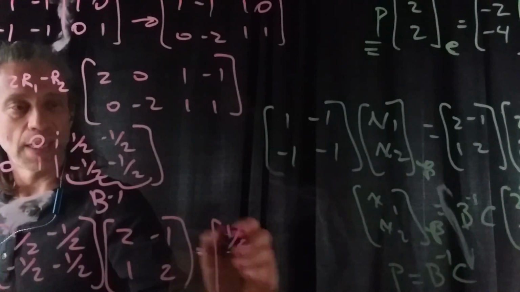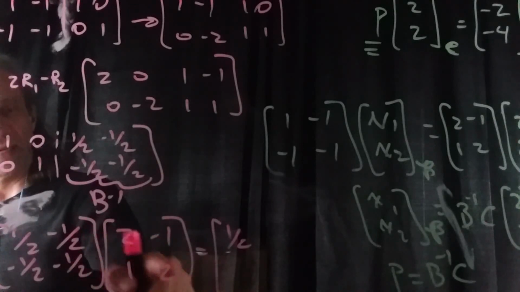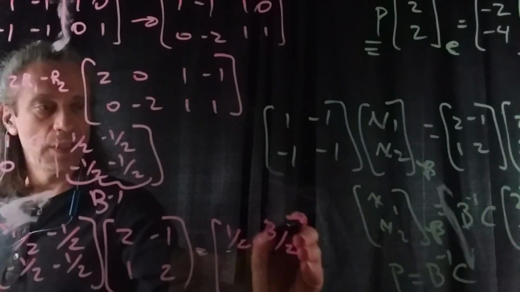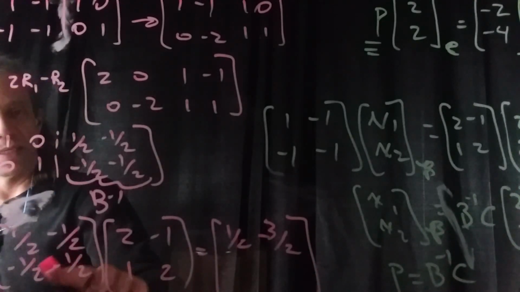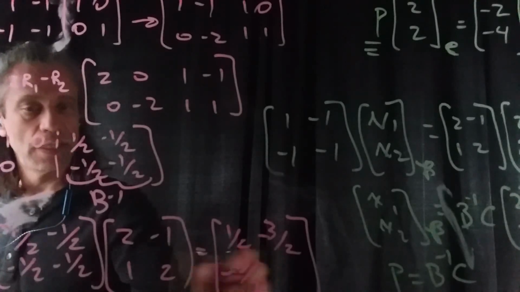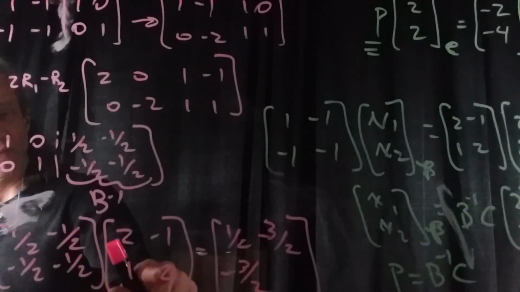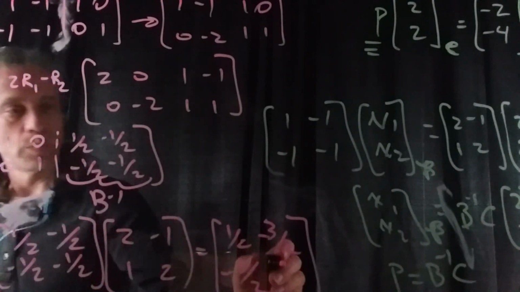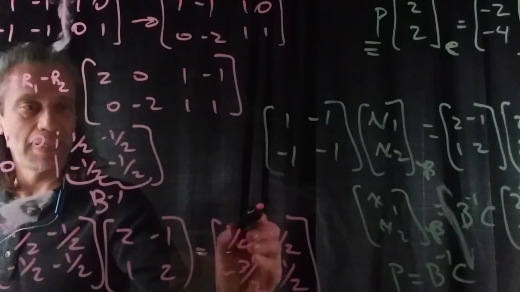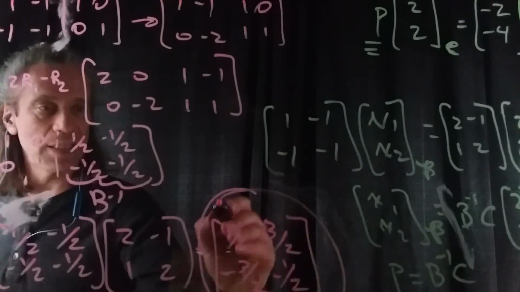Minus a half is going to be a half. Negative a half minus 1, that's negative 3/2. Negative 1 minus another half, that's also negative 3/2. Then we have a half. Half minus 1, that's negative a half. So this is P. That's the conversion matrix.